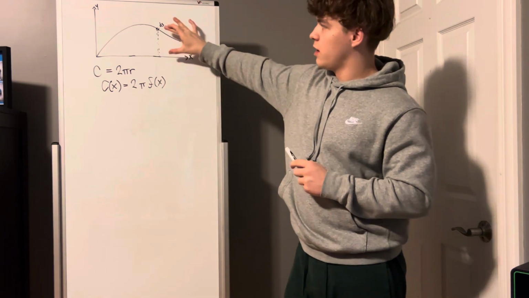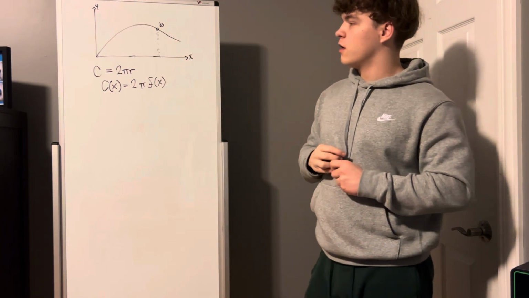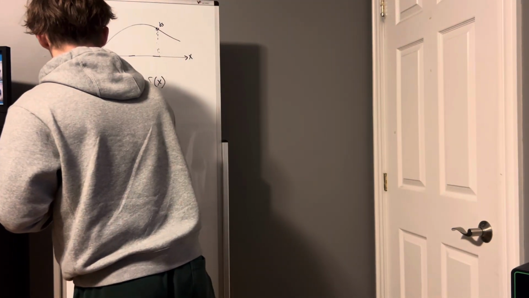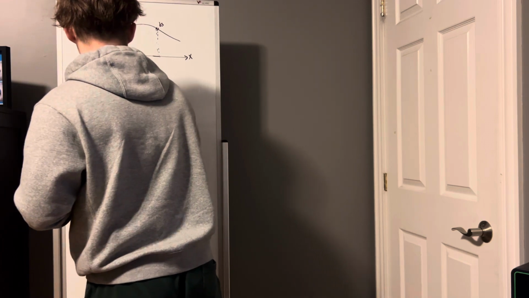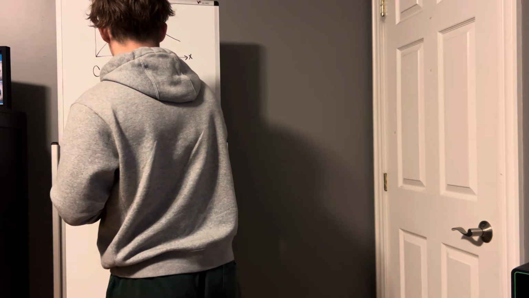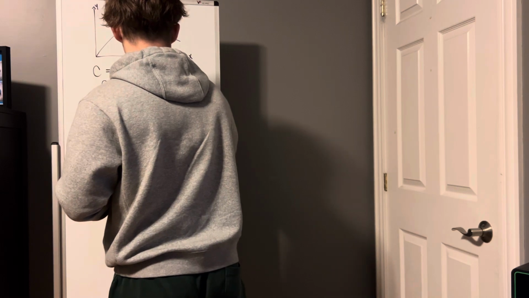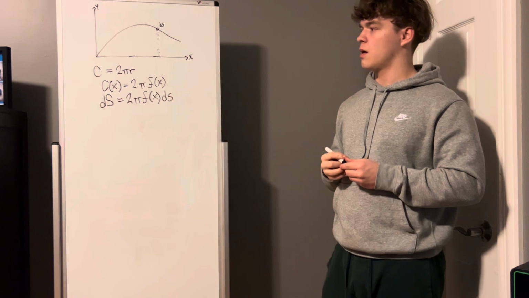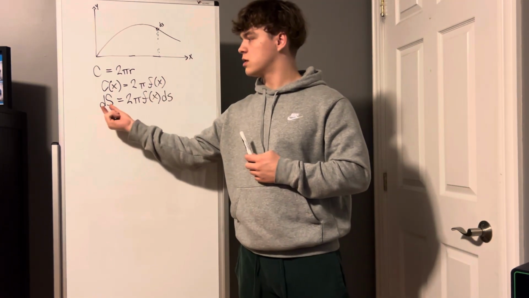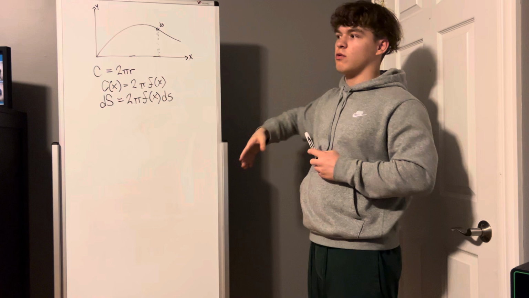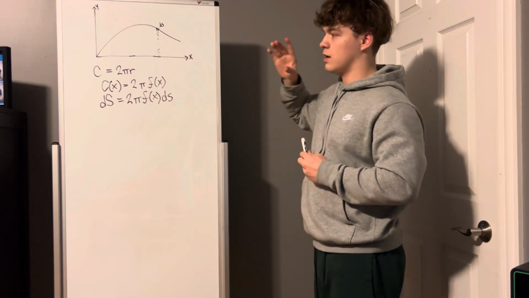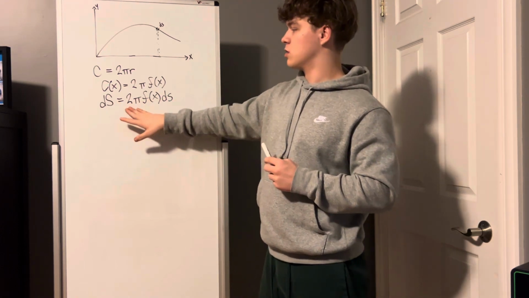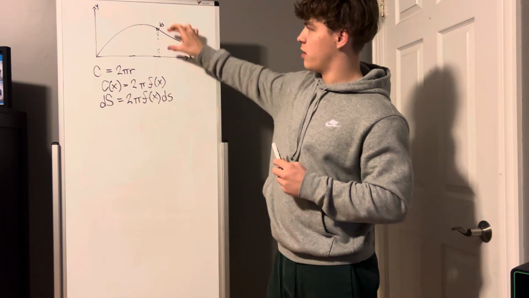Now the area of this little tiny function, so a little tiny area, we'll call this dS, equals 2 pi times f of x ds. So the small piece of our rotation area, dS, capital S, is equal to our circumference times our small arc length, ds.